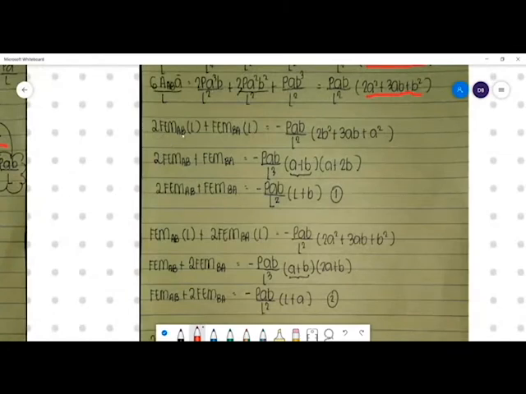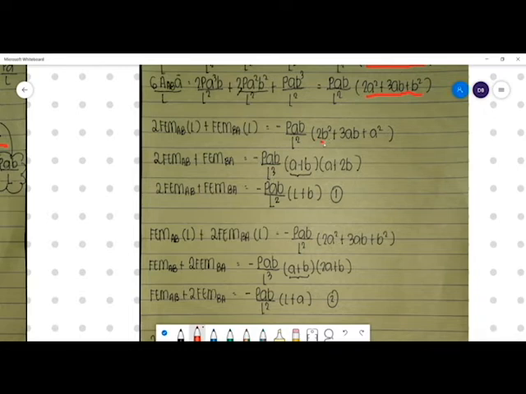So, 2 times FEMAB times L plus FEMBA times L is equal to negative PAB over L squared times 2B squared plus 3AB plus A squared. If we transfer the L to the other side, that will be 2 FEMAB plus FEMBA equal to negative PAB over L cubed.